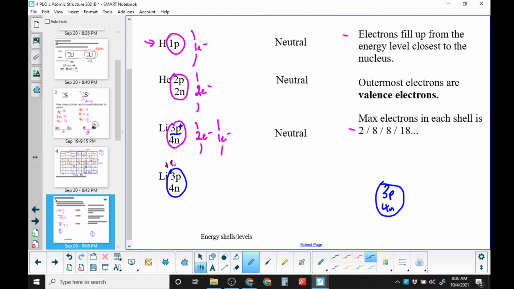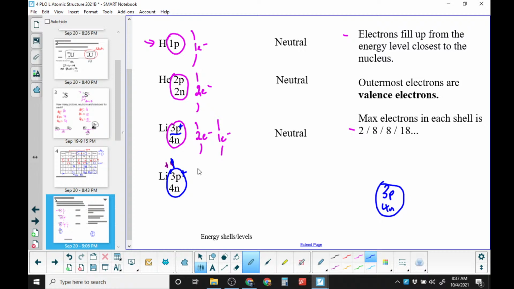Now, if I have lithium plus 1, I still have 3 protons, but what has happened to the number of electrons? So how many electrons do I have? 1 less than 4? Excellent. Well, how many would that be in a number? It'd be 2.